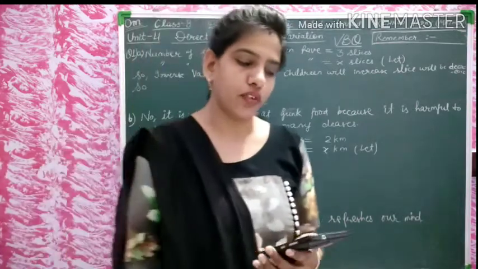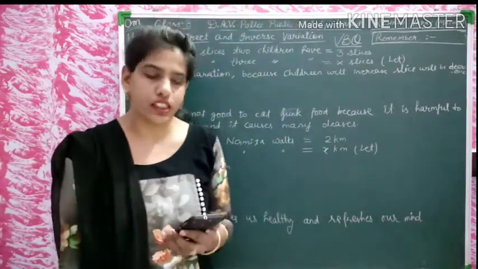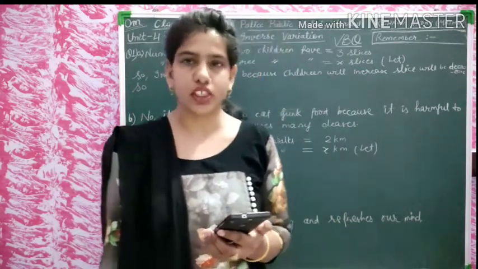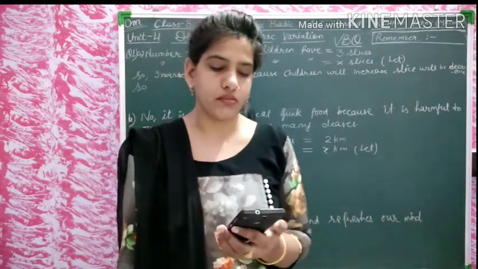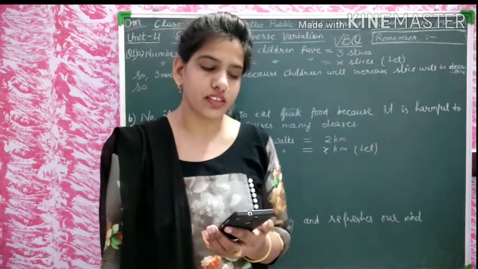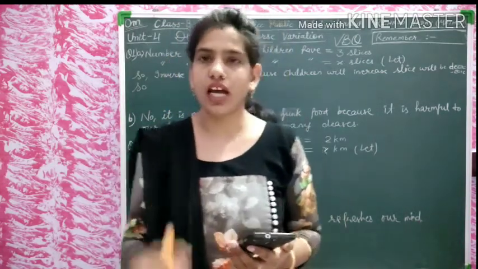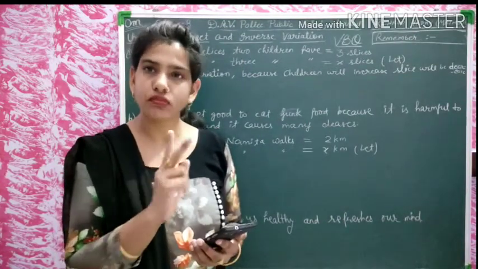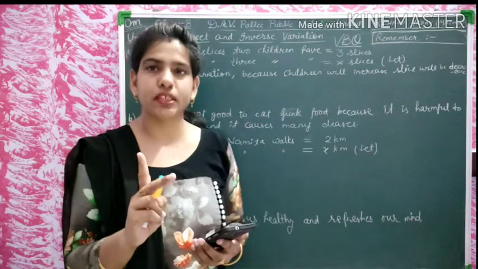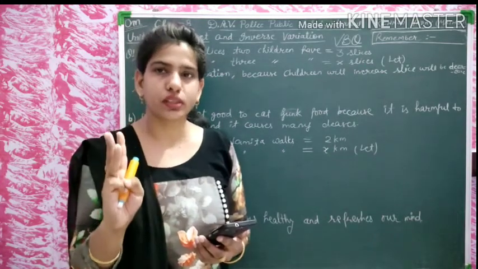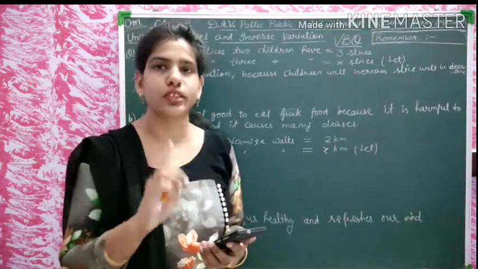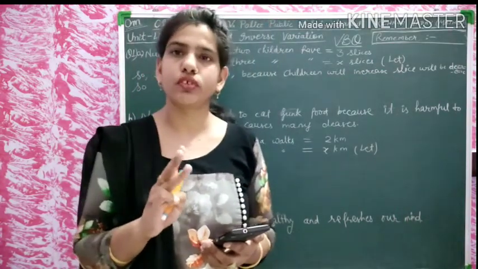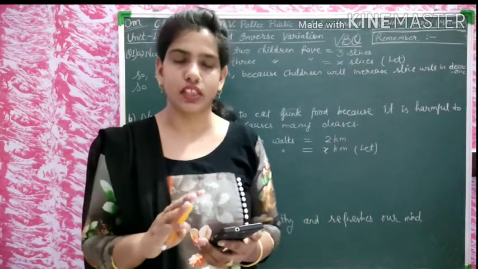Let's read the first question. Two children were eating pizza at Master Bakers, having 3 slices of pizza each. Okay students, 3 slices of pizza get to each one.